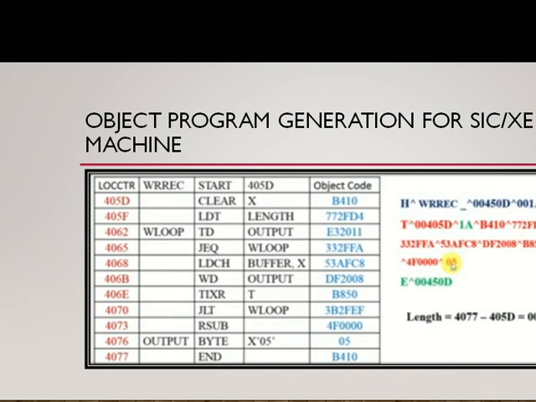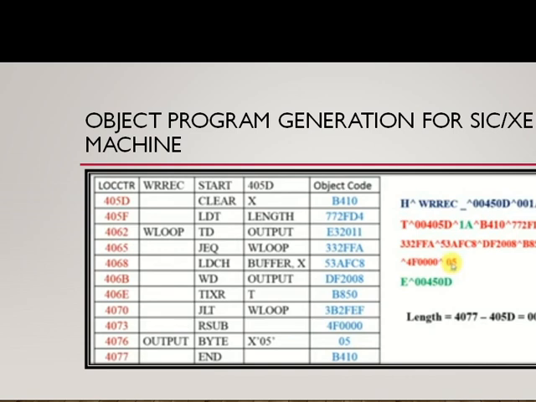Then we have to write the successive object codes till it reaches 69 columns. The total length of the text should be 69. The first T and the address and also the space consist of 9, and the other 60 should be written by the object code.